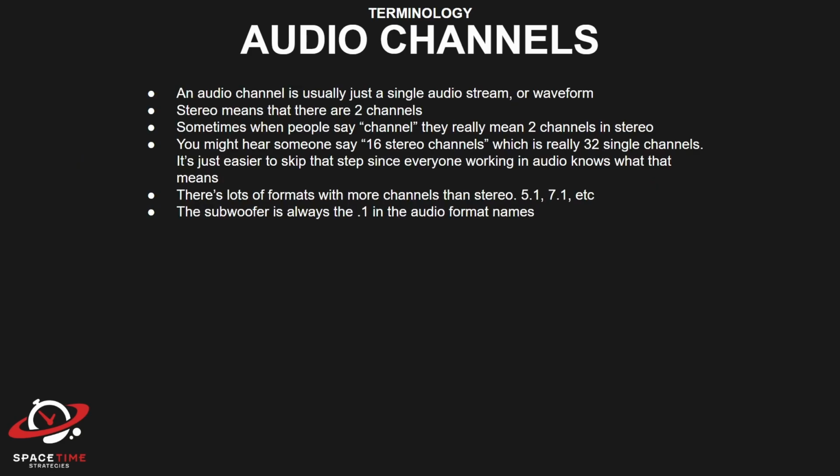Things are named weird. You just kind of get used to that. Let's go over a few points. An audio channel is usually a single waveform. Stereo means that there's 2 channels of audio. Sometimes when people say channel, what they really mean is 2 single channels in stereo. So you might hear someone say 16 stereo channels, which is actually 32 single channels. But everyone that works in audio knows what that means, so it's just faster to reference things quickly.